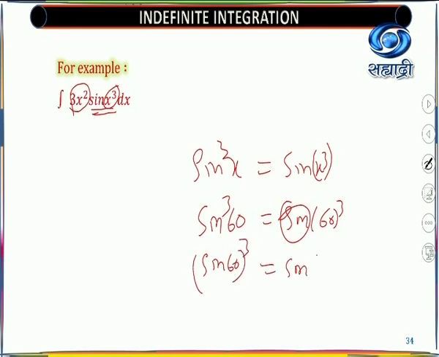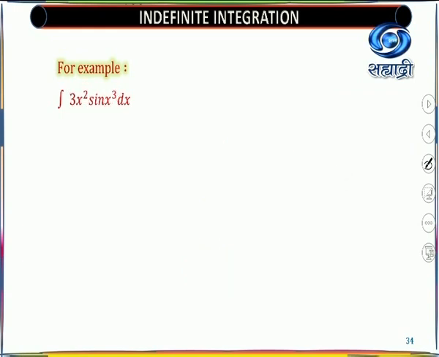Look at the difference between sine x cube and sine x bracket cube. This is the angle cube, and these are not equal. So these are two different concepts. First think that in mind. So now here the complication is that x cube is an angle cube.